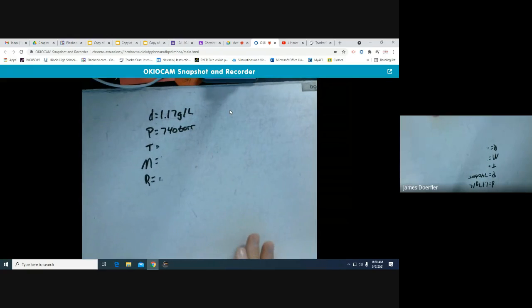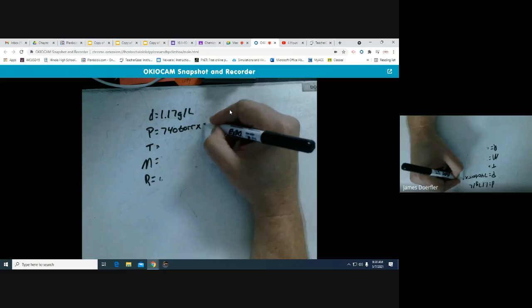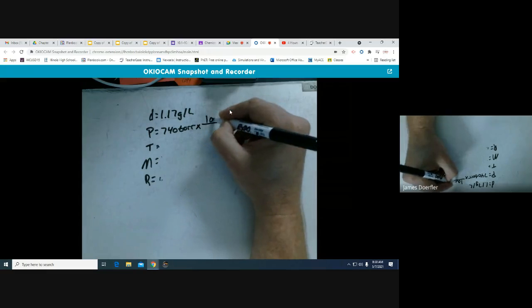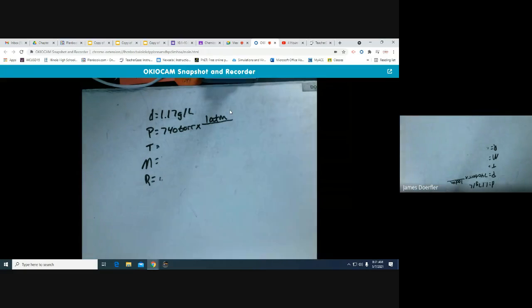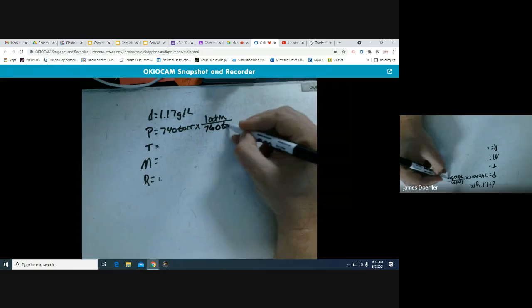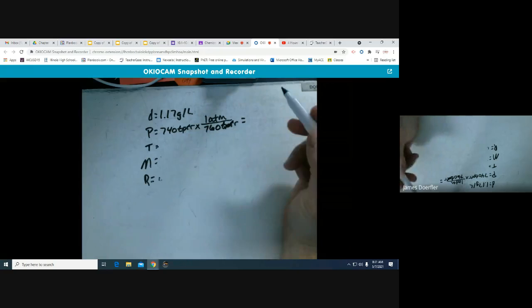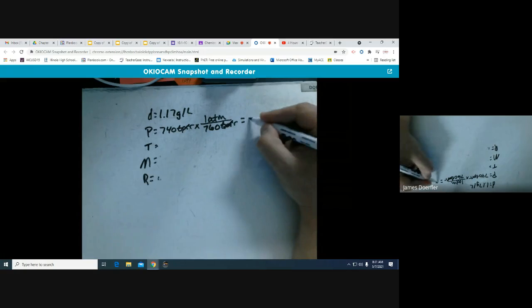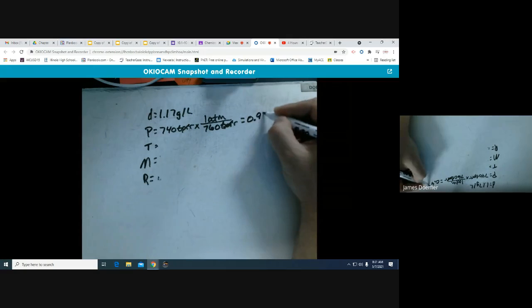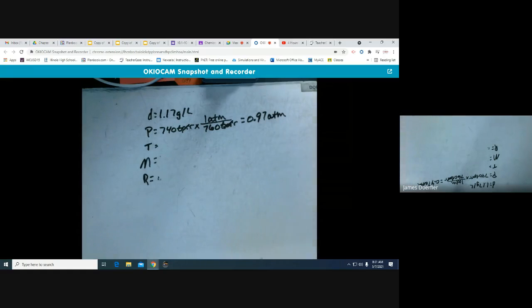But what unit does it have to be in? Atmospheres. So we have to convert this. So going back early in the chapter, we take 1 atmosphere over 760 torr, and torrs cancel out, we should get 0.97 atmospheres.